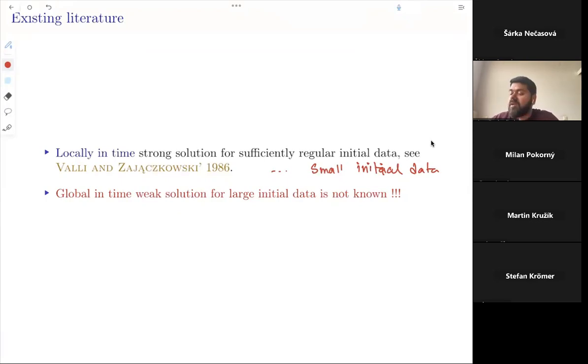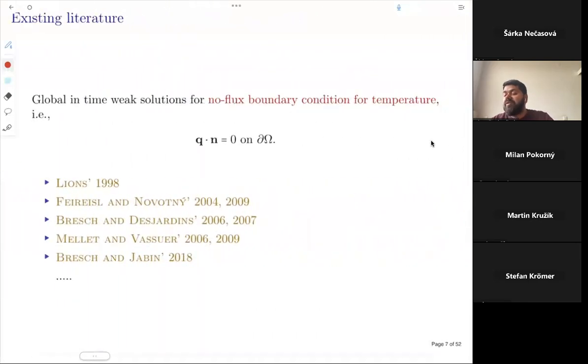After the strong solution theory, the weak solution theory came, and even so we cannot handle this kind of boundary temperature in the weak solution theory, even for the global in time case. What is known for the global in time weak solution case is often referred to as the no flux boundary condition.